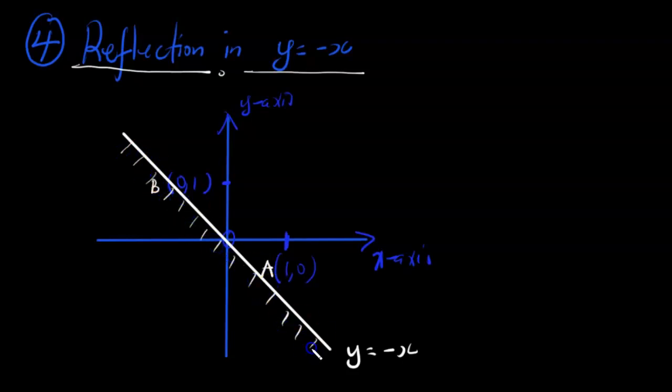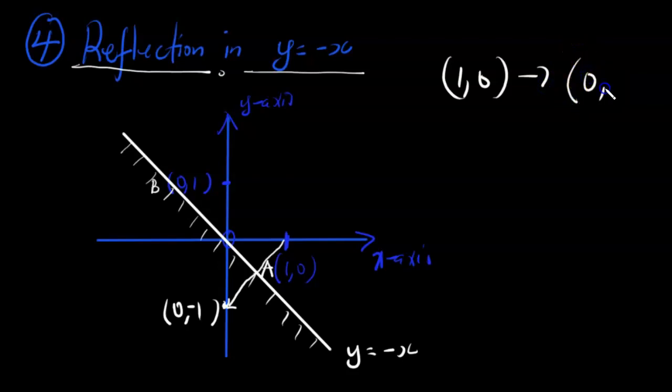You can see from the laws of reflection that this point here, 1, 0, is going to be reflected onto that point over there, which is 0, negative 1.